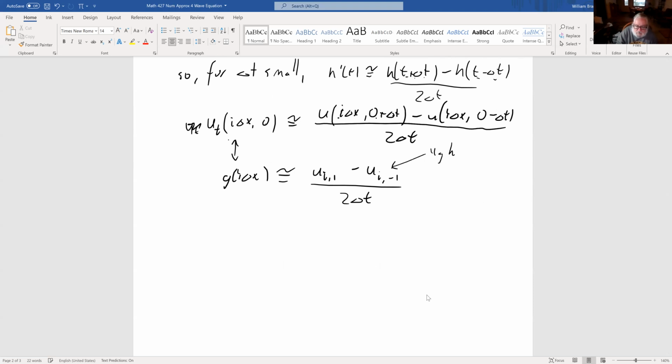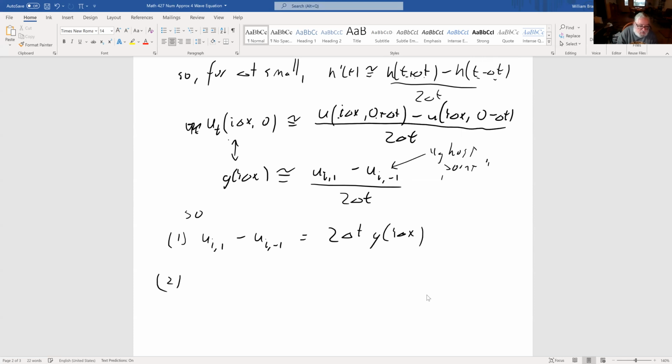That's actually called a ghost point, and we will eliminate it in a second, but it's a useful thing to have right now. So equation 1: u_{i,1} minus u_{i,-1} is equal to 2 delta t g(I delta x).